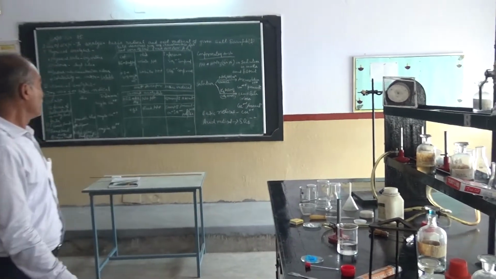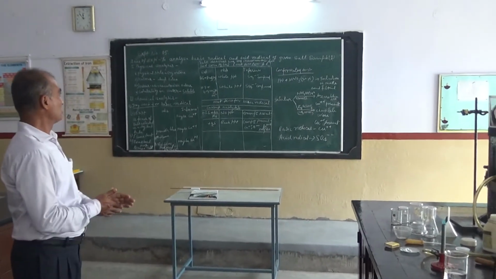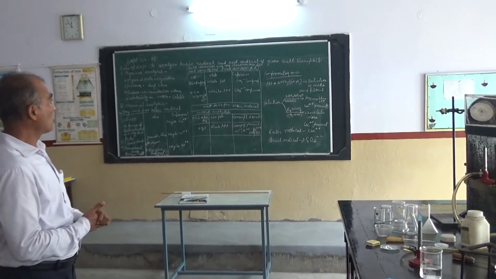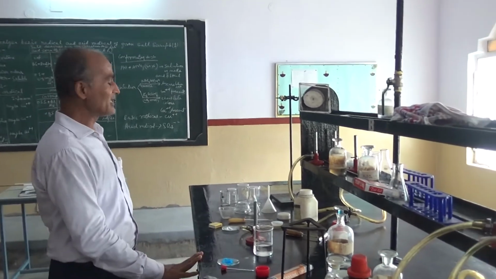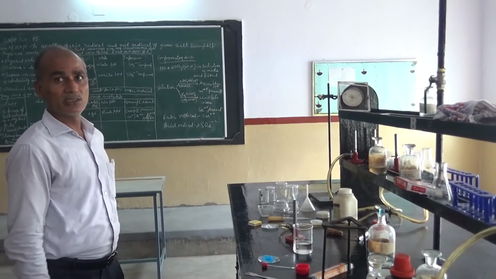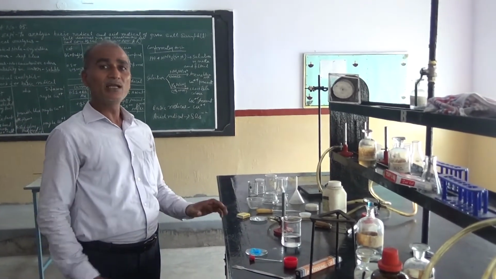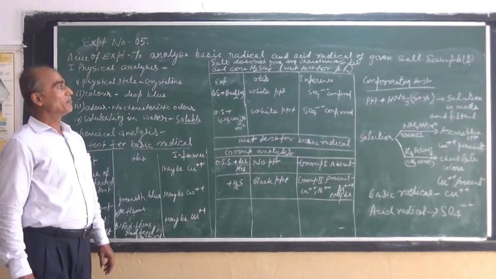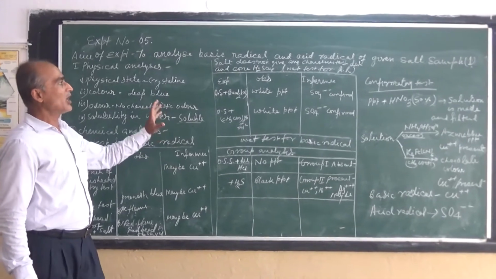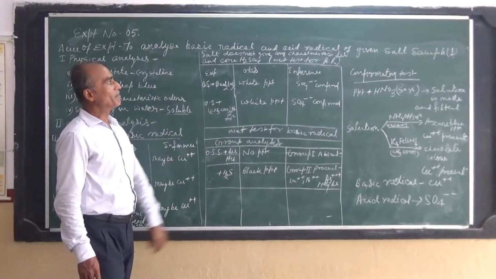Then after we go through the wet test, because this salt does not give any characteristic test with the dilute acids. We have completed the dry test. Now we have to go through the wet test.